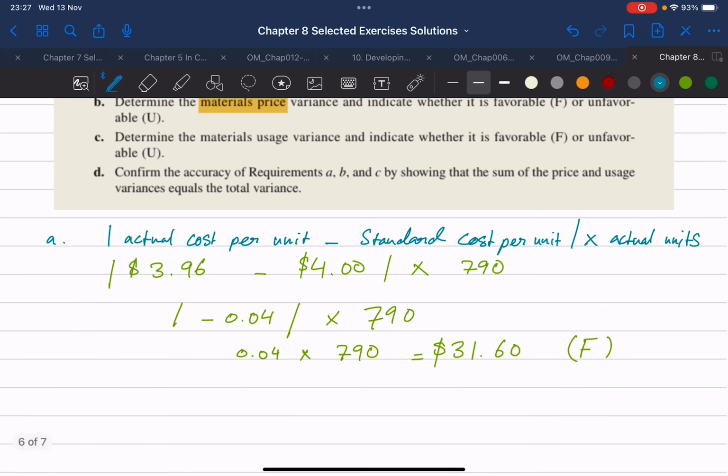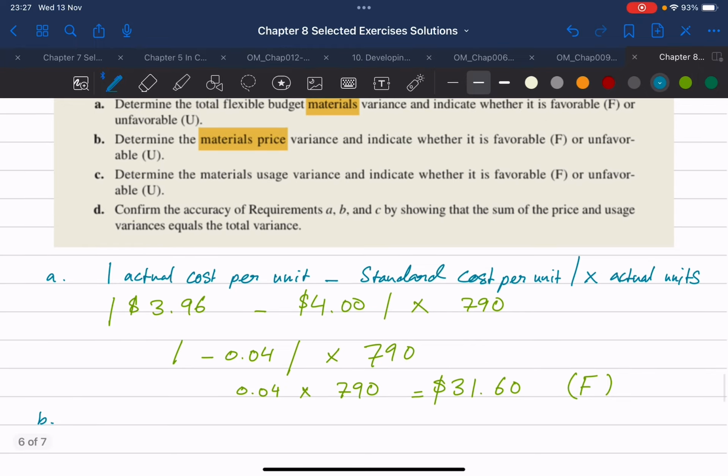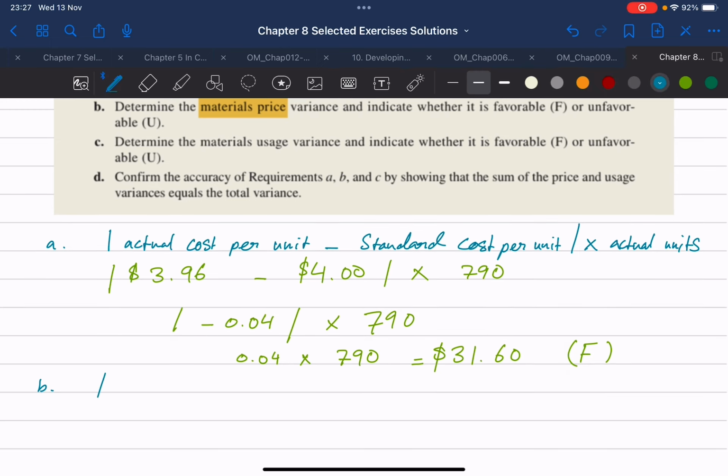Part B, it says determine the materials price variance and indicate whether it is favorable by the letter F or unfavorable. So now we want to determine the materials price variance. We're going to use this formula: actual price minus standard price multiplied by actual quantity.